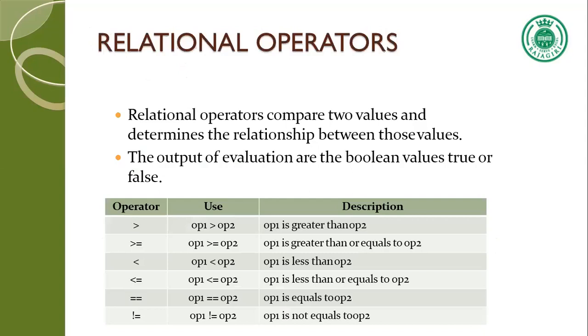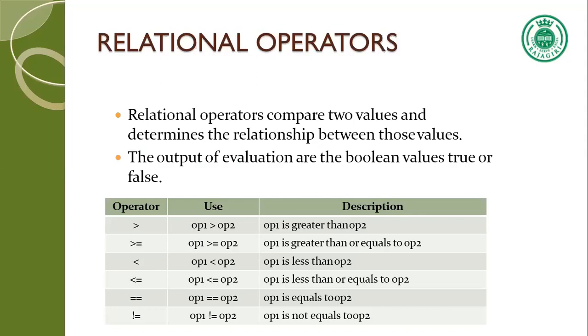We have relational operators to compare two values and get the relationship between them. The result of a relational operator will be either true or false. We will quickly go through the operators. You have the greater than operator, greater than or equal to, less than or equal to, the equality operator to check whether OP1 is equal to OP2, and then we have the not equal to operator.